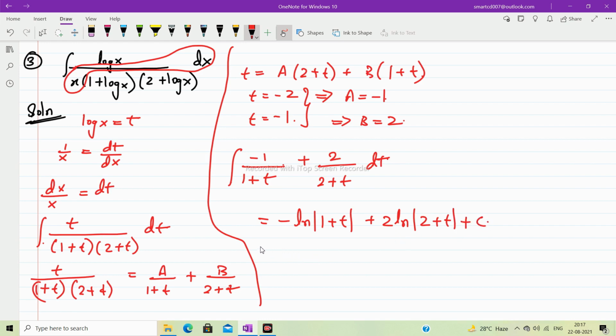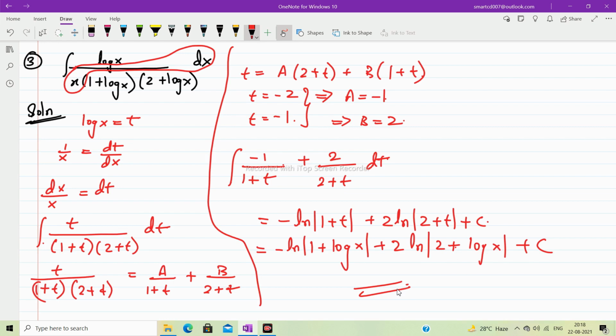And the last part is you will have to substitute the value because t was log x. So minus ln |1 plus log x| plus 2 ln |2 plus log x| plus c. So this is the answer.